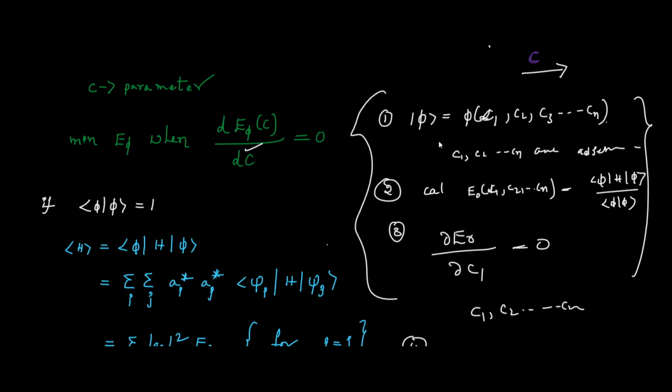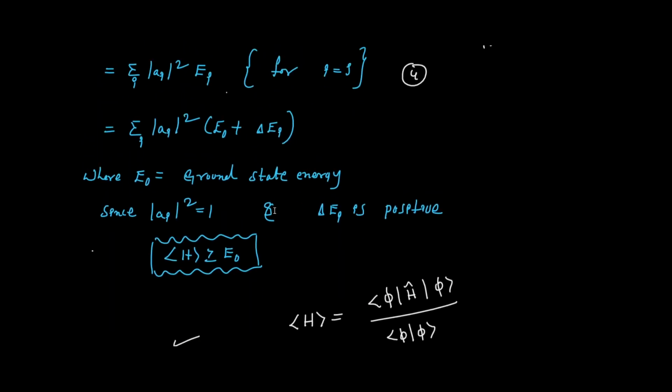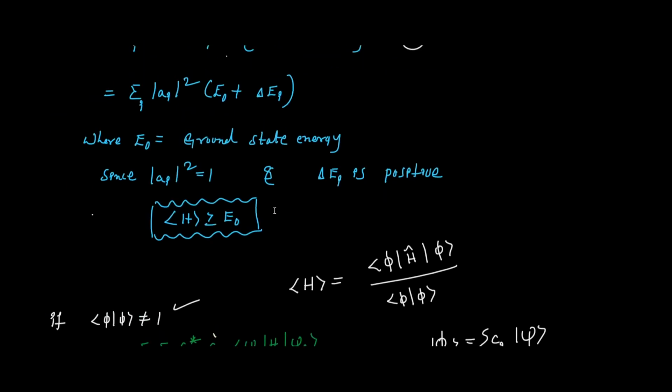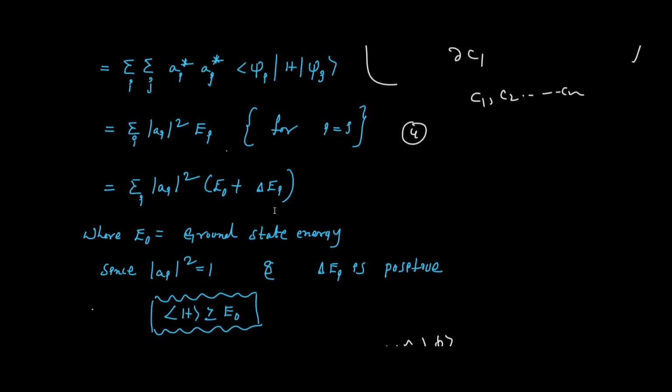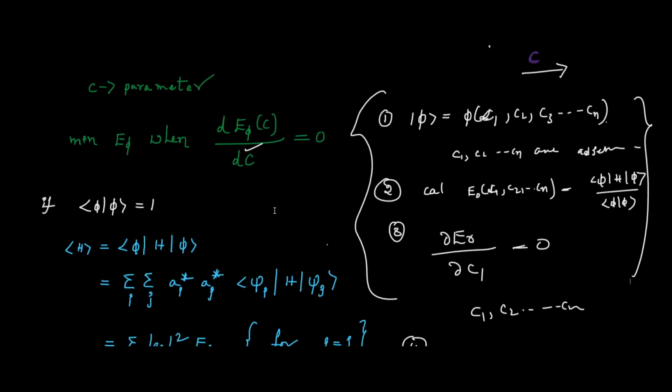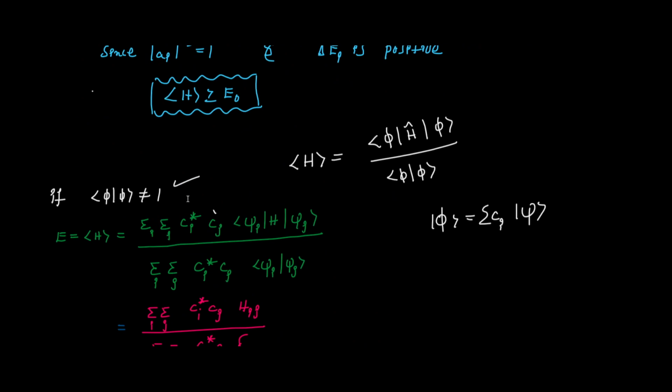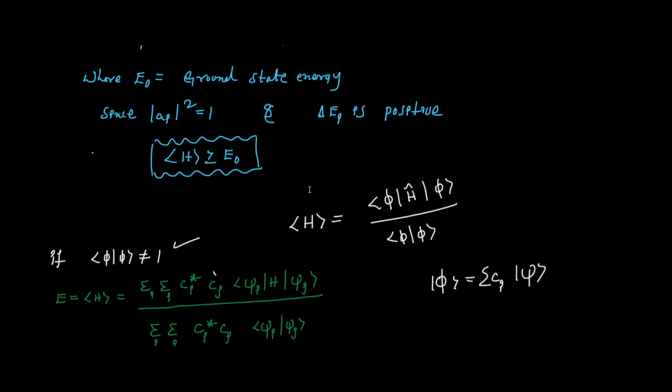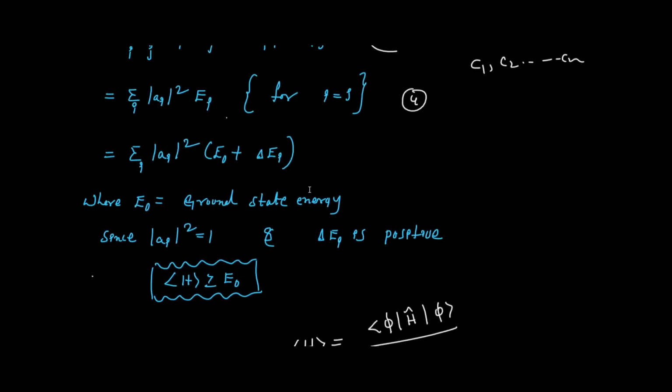And the final point: if your wave function is normalized, you can use this type of equation. If it's not normalized, then you get the other form. So this is all about the variation method. In the next class we are going to do one small example of this variation method.